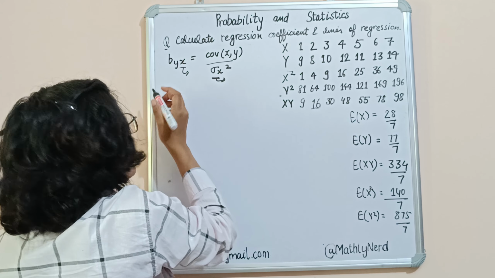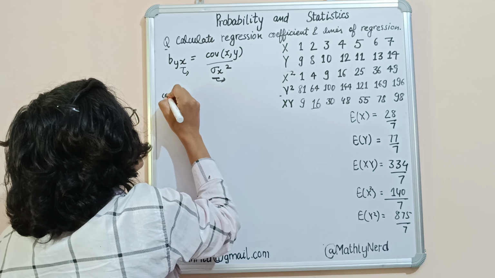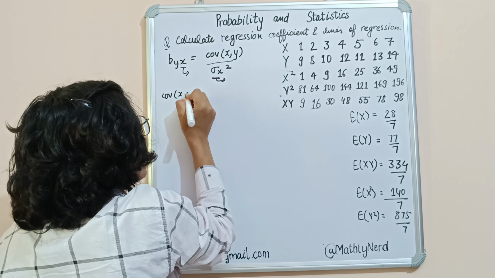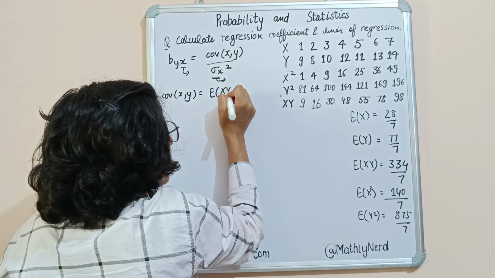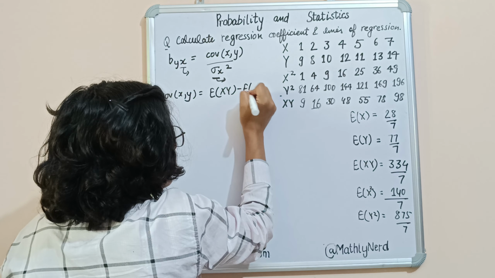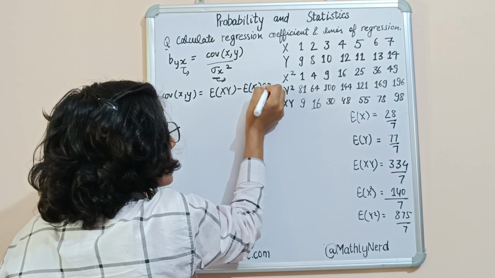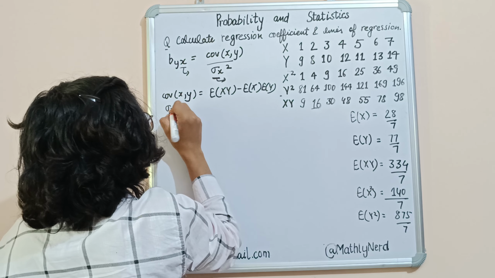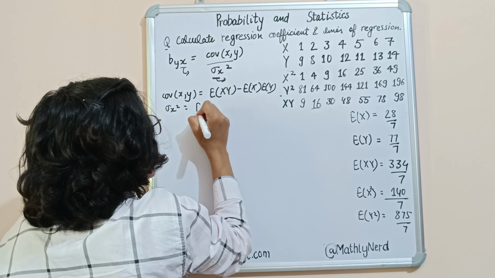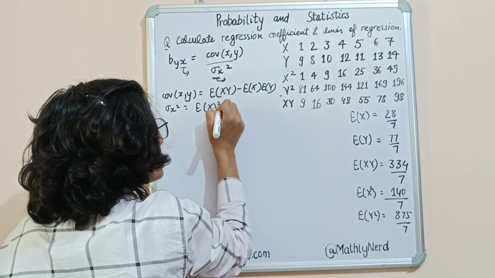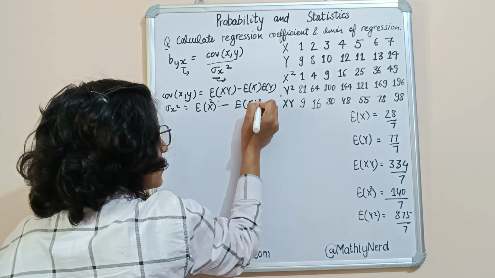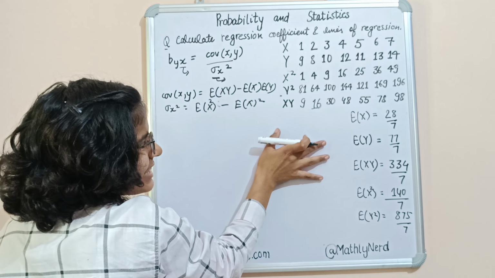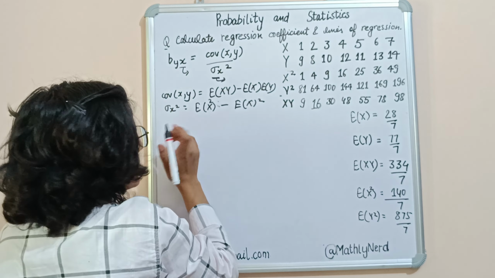Now covariance of xy equals Exy minus Ex Ey, and sigma x square equals E of x square minus Ex whole square. Now we will just put these values in these equations.